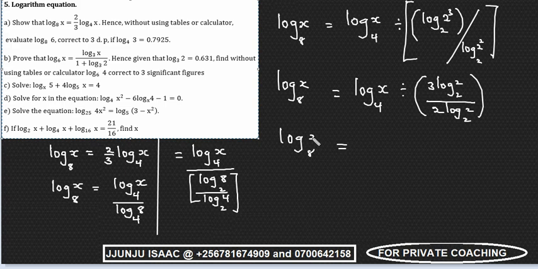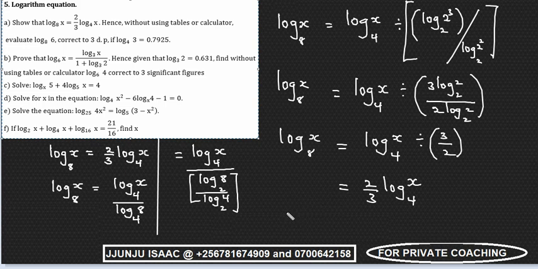Remember this is log base 8 of x, so this will give us log base 4 of x divided by 3 times 1 which is 3, and we have 2 times 1 which is a 2. From the laws of logarithm, this is a 1. So now we can introduce a multiplication, and the 2 will come up, 3 down, so we get 2 over 3 log base 4 of x, hence shown or as required.